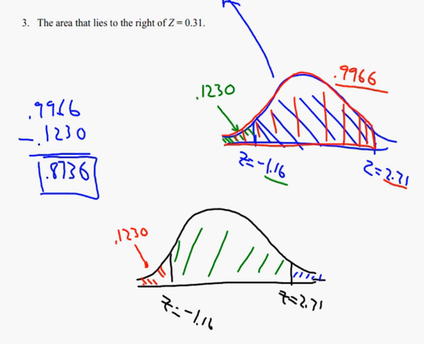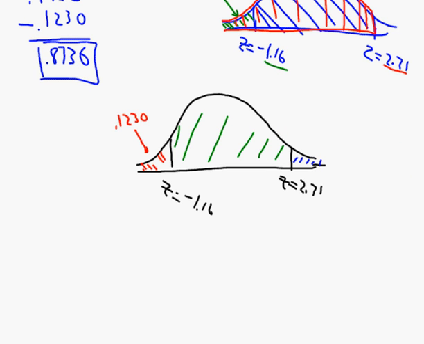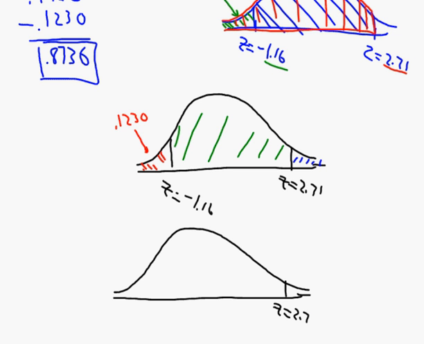But here's a fun thing you may not have thought of. This is the question I want you to think about as you're watching this: how does the area above z equals 2.71 compare to the area below z equals negative 2.71? They're the same.